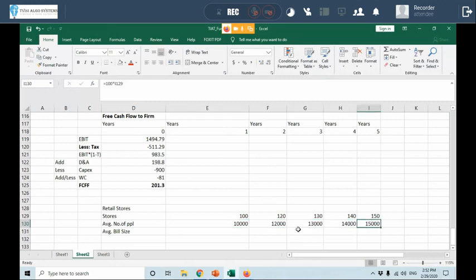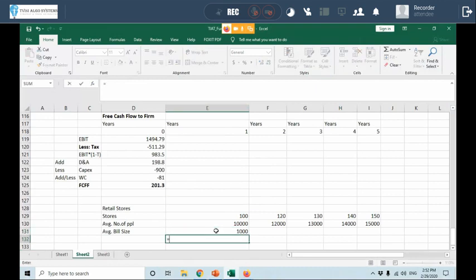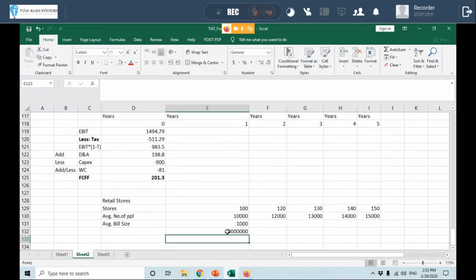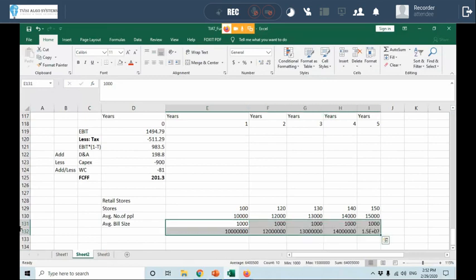So this many people will visit DMart. Average bill size is say 1000. Minimum, on average, plus minus something. This into this. And I assume that the average bill size will remain the same.